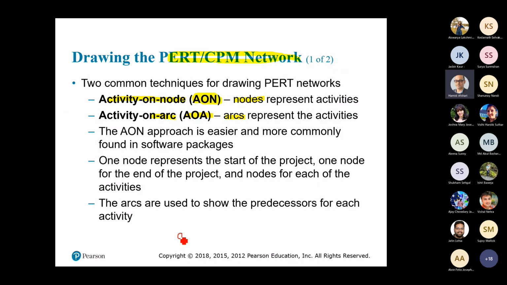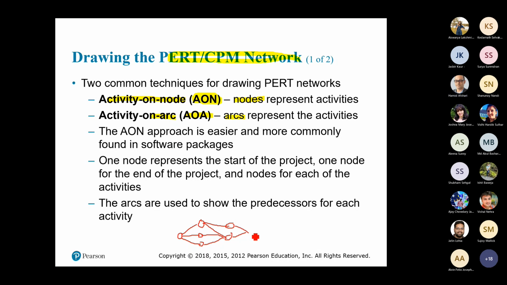What do we call circles? Nodes, perfect. So these are nodes. There are some nodes that we have in a project. And then we connect them to each other. What do we call these connections? Arcs. These are arcs, perfect.